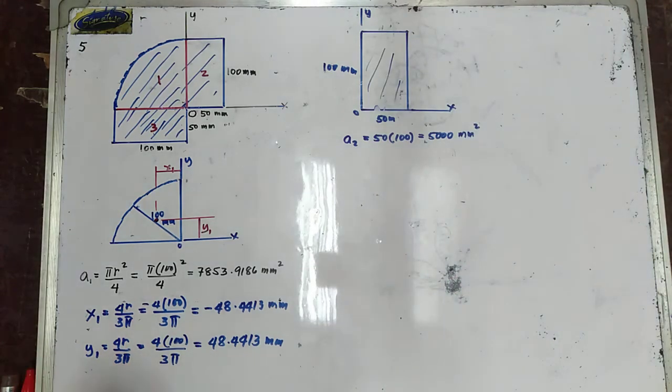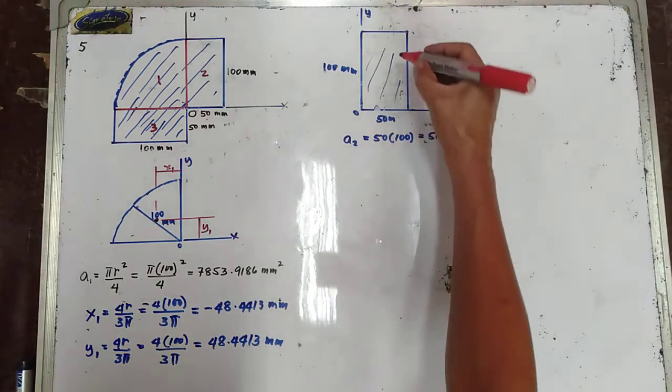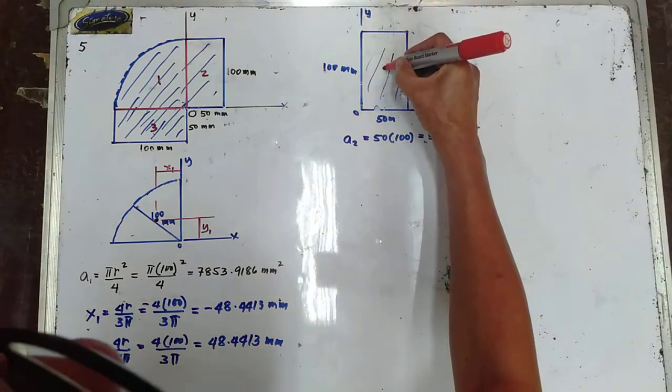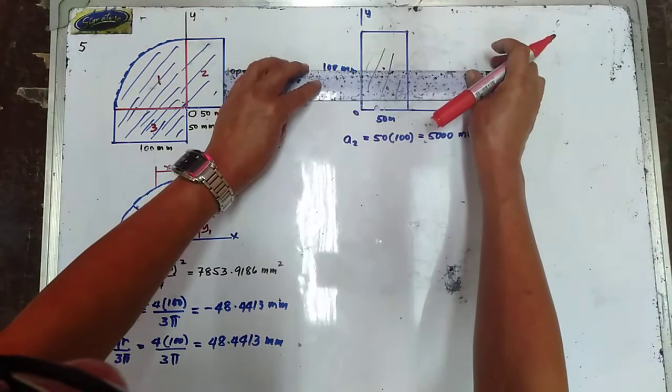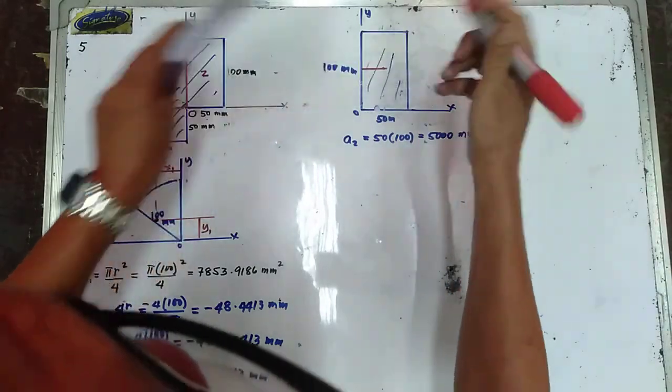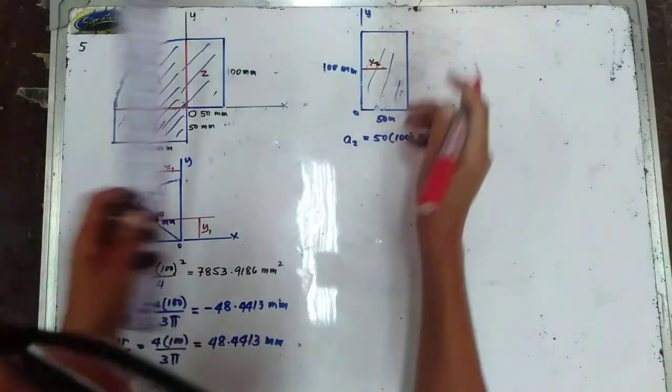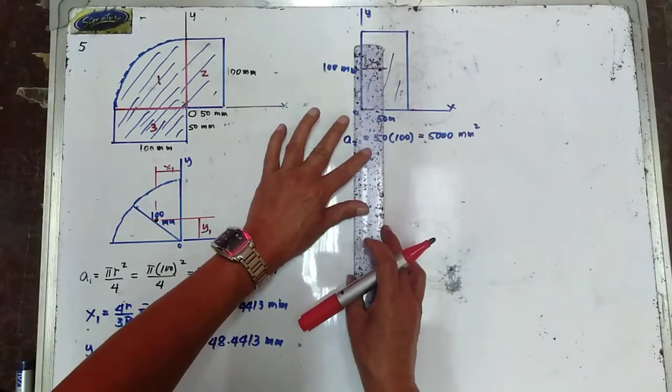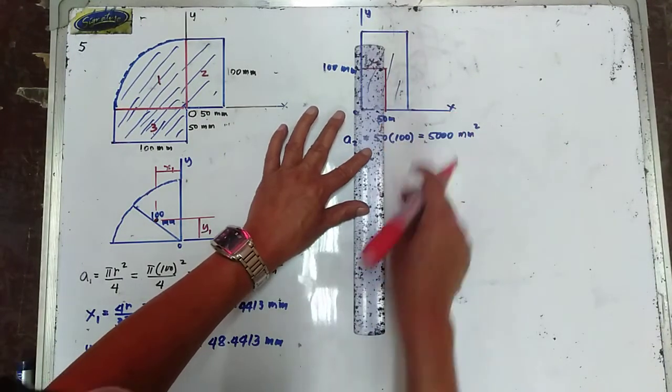And let us try to determine x2 and y2, the centroid of this area. Now such that this is now your x sub 2, and this one is now your y2.